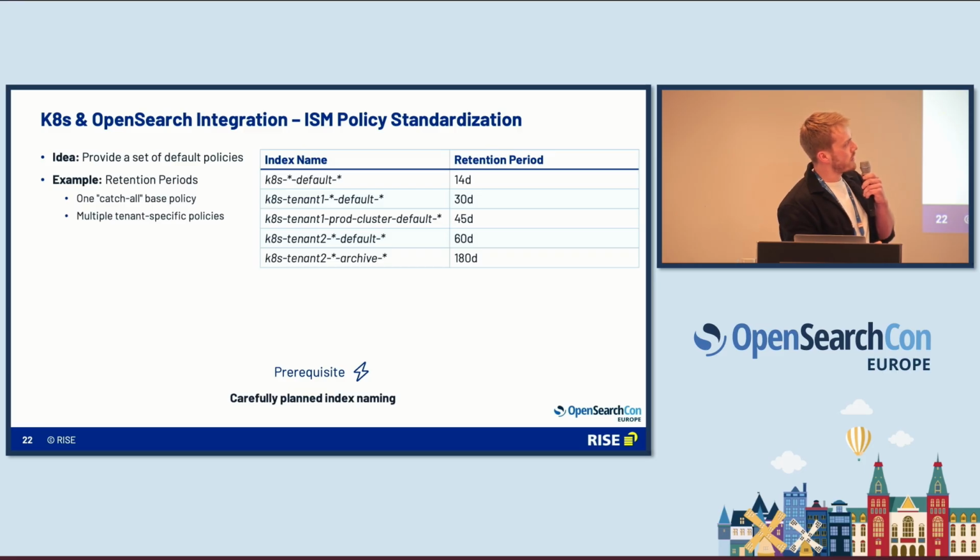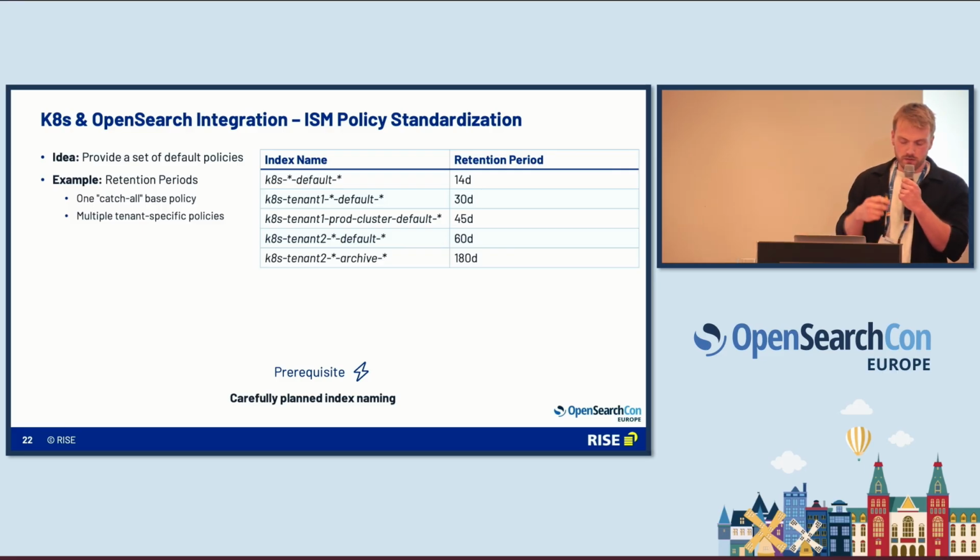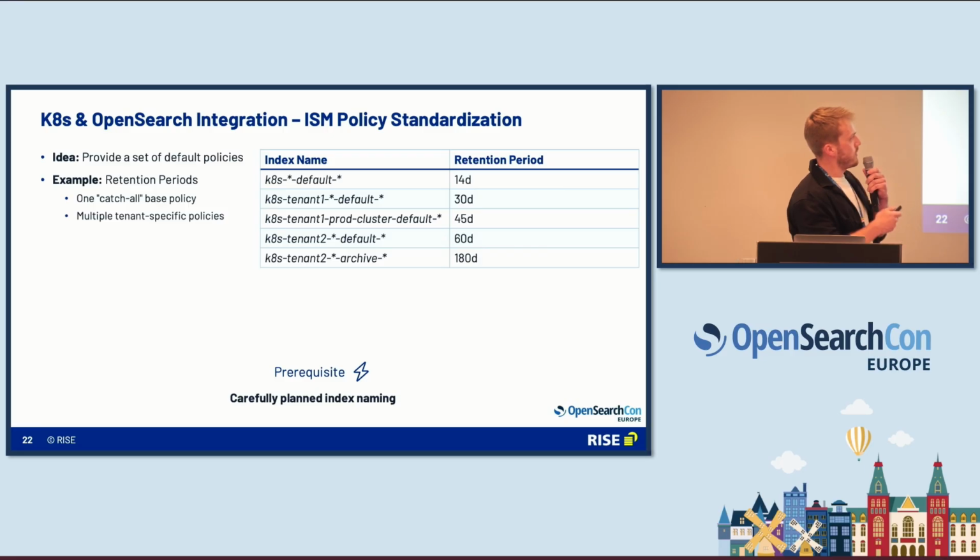For example, the second one would delete all the indices for tenant 1 after 30 days. And then you can go even one level deeper, and you could say that tenant 1 might want to delete all the indices from the prod Kubernetes cluster after 45 days. So really, the key ingredient to this is carefully planned index naming.